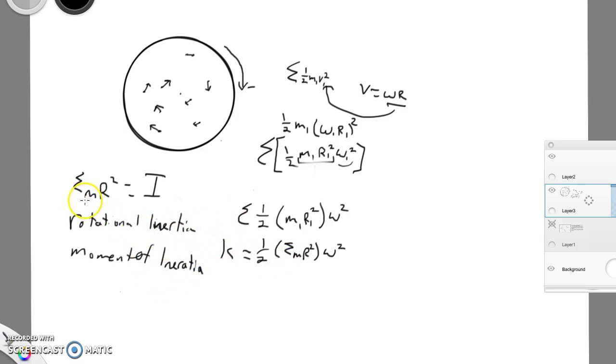And what it means is that something is more difficult. So like mass is a measurement of how difficult something is to move. Okay, well this is a measurement of how difficult it is to cause something to rotate or to change its rotation. Now, the bigger m is, the more difficult it is to rotate, and the bigger the radius is, the more difficult it is to rotate.